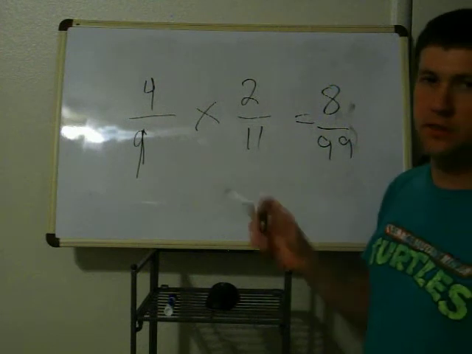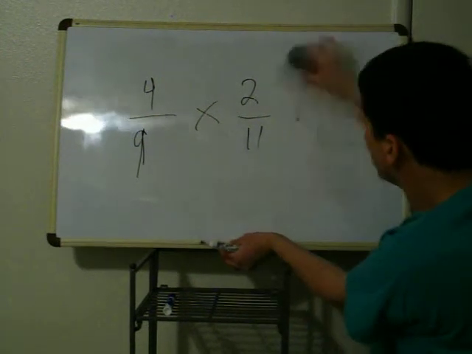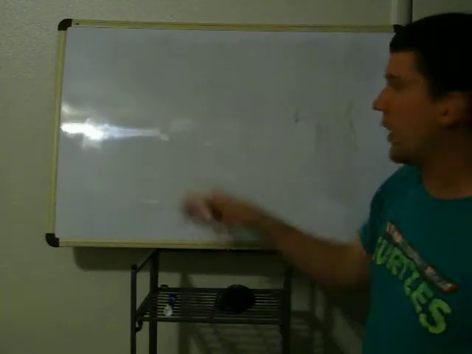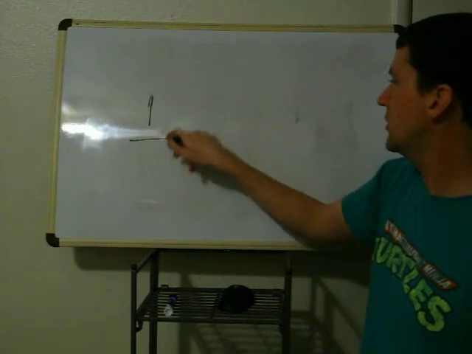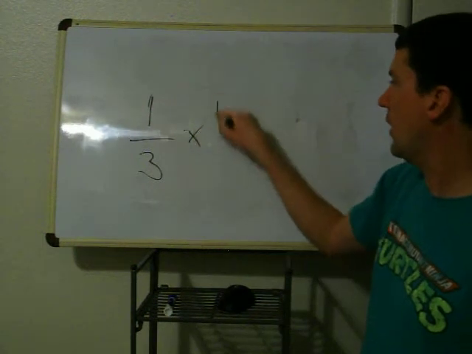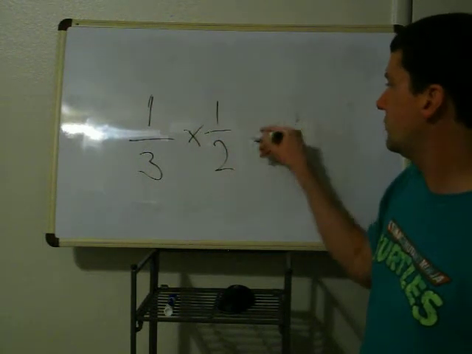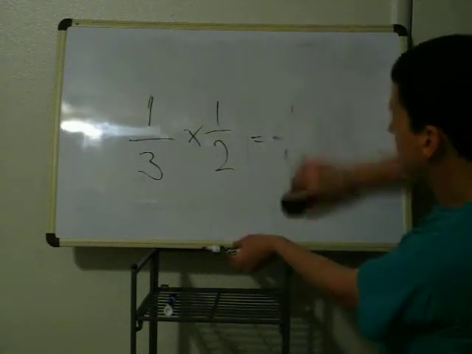So our final answer is 8 over 99. That's all you do. Same thing if we have a 1 in the numerator, so we have 1/3 times 1/2. That's 1/6. Not too bad.